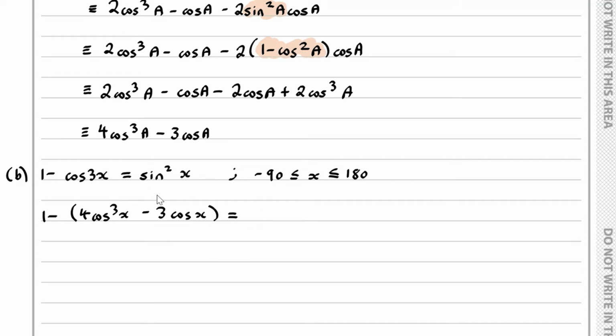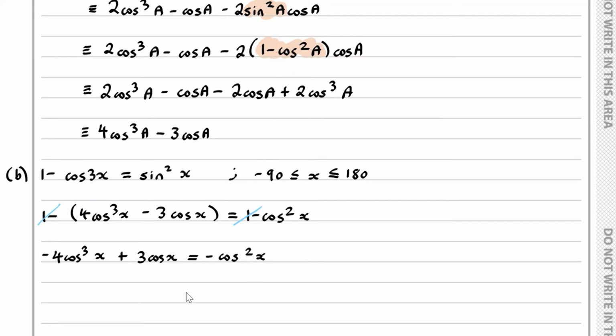Now sine squared x we can rewrite as 1 minus cos squared x. The reason I want to do that is because if I have everything involving a cos, that might make life a bit easier for myself. And at this point I'm hoping you can see the ones cancel on both sides, and if we multiply the minus into the bracket, we have minus 4 cos cubed x plus 3 cos x equals minus cos squared x.